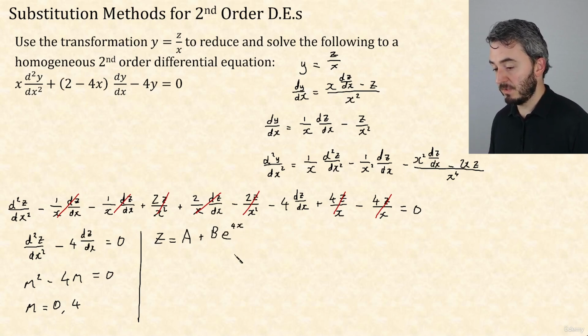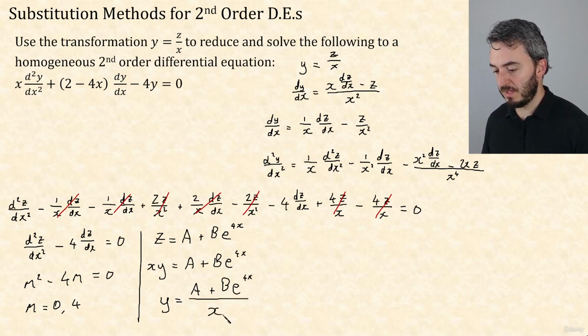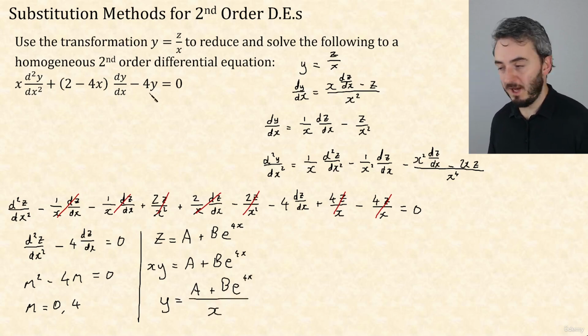Okay, but we want to replace z with xy. So I can say xy equals a plus b e to the 4x, and so my final general solution is a plus b e to the 4x all over x, and that's the general solution to this complicated looking differential equation. Of course, if I was given boundary conditions, I could use that to find a and b.